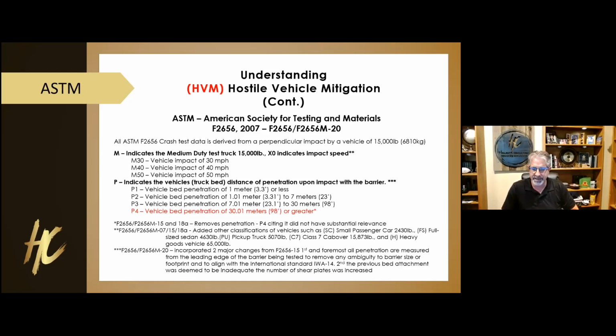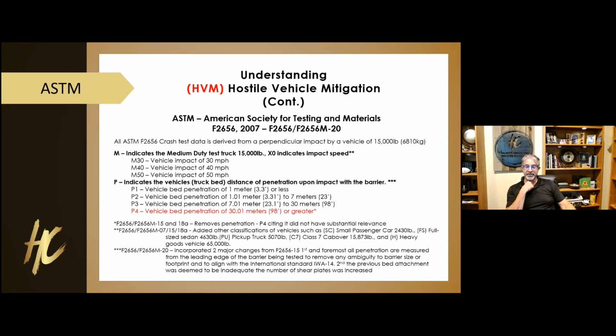They also added a couple of new vehicles, a full-size sedan at 4,600 pounds and a cab over class 7 at almost 16,000 pounds, which matches the IWA 14 or the European style truck. So they brought in a lot of what the IWA standard was into the ASTM.